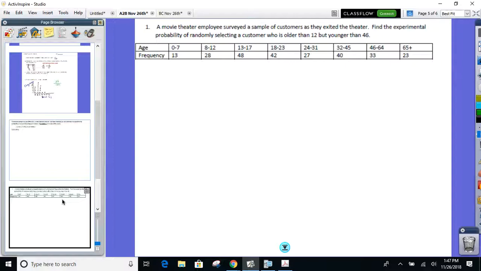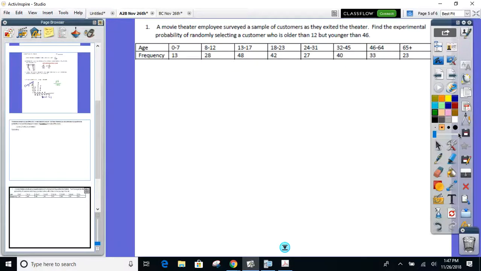I took their age and then counted how many I had of each age range. So there's 13 people who were 0 to 7, 28 who were 8 to 12. Here's what I want to know. Experimental probability, using the table, I get somebody who's older than 12 but younger than 46. I'm sorry, older than 12, younger than 46.